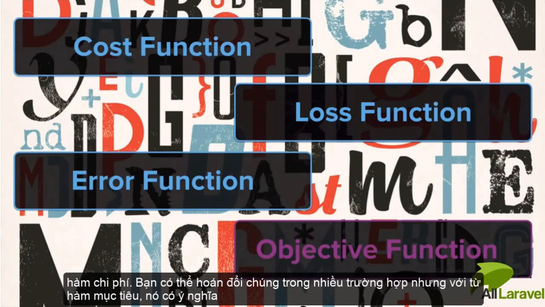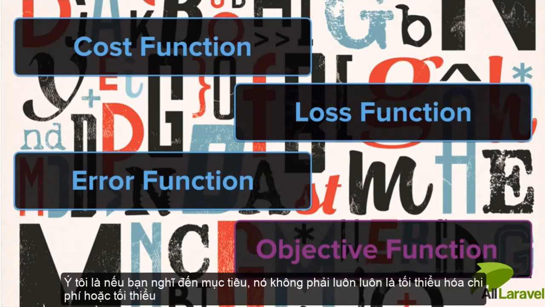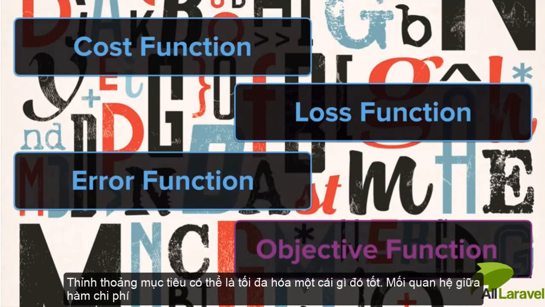But the word objective function means something a little bit more general, right? I mean, if you think about it, the objective isn't always to minimize the cost or minimizing some bad thing. Sometimes the objective might be to maximize a good thing.